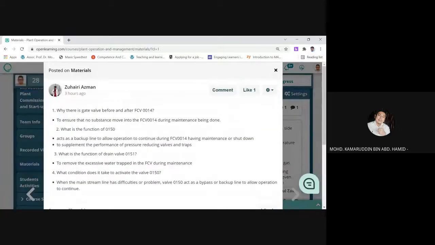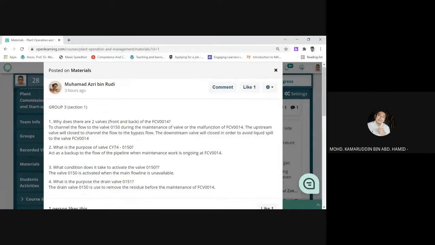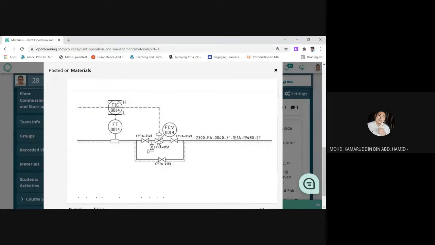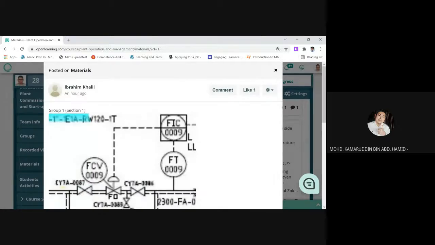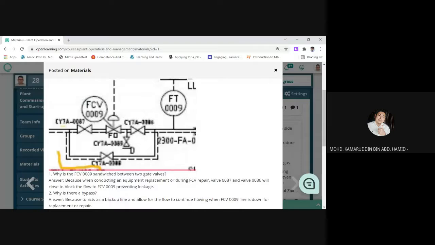Zuhairin Asman pun sama, we have discussed this one. Ada yang baru hantar tak? Azri pun baru hantar tadi. Sama juga control valve, I think we have explained this one. Ibrahim Khalil, apa dia kena tunjuk ni?